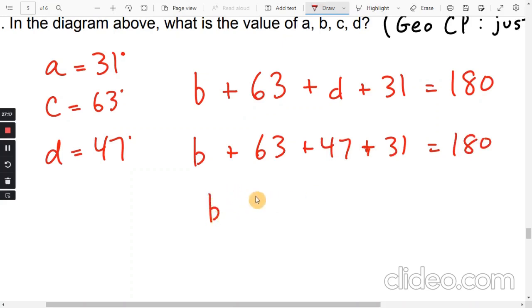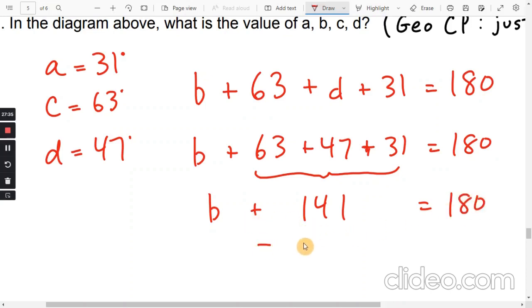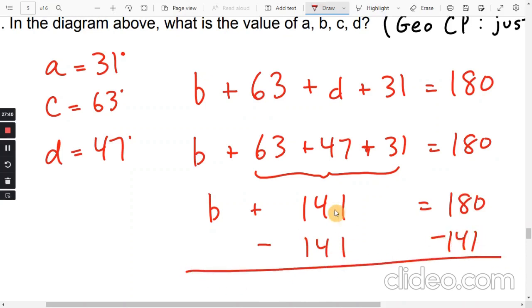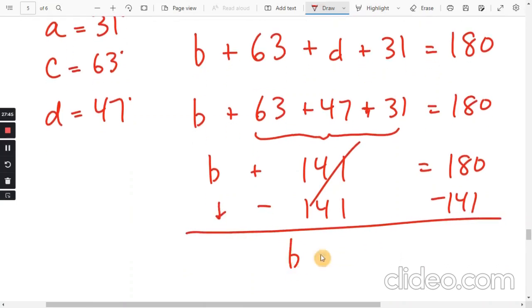Combining like terms, positive, positive, positive, add them up. 63 and 47, 110 plus 31, that's going to be 141 equals 180. Okay, plus 141, the opposite is minus 141. Then it cancels here. Bring down the B. 180 minus 141 is 39. So that's it.